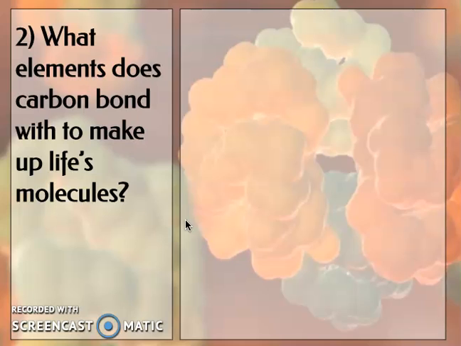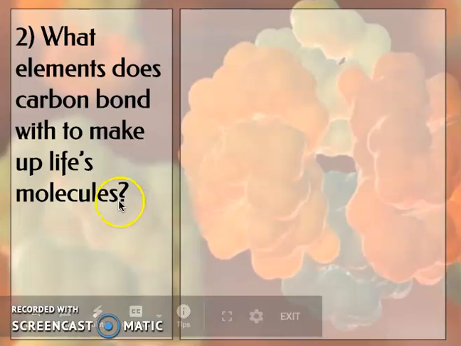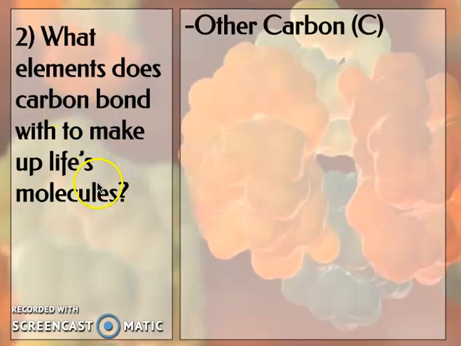Now, it's more than just carbon containing. We're talking large molecules that contain carbon bonded to other elements. So the other elements, you need to know them, the other elements that bond to carbon to make up life's molecules are other carbon molecules.